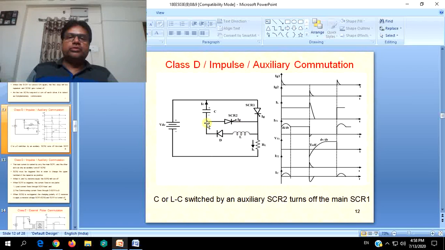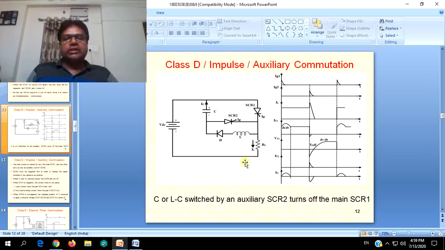The other components used are a capacitor C, an inductor L and a diode D. The C, D and L will be mainly forming the commutating components along with the auxiliary SCR. This circuit can be employed in different fashions, where you can use only C or LC as in the previous circuits. C or LC switched by an auxiliary SCR2 turns off the main SCR1.